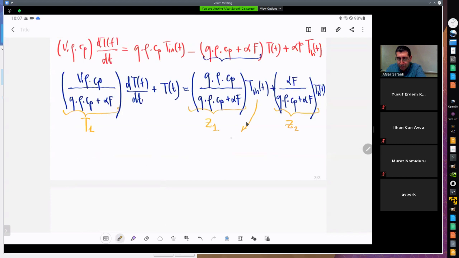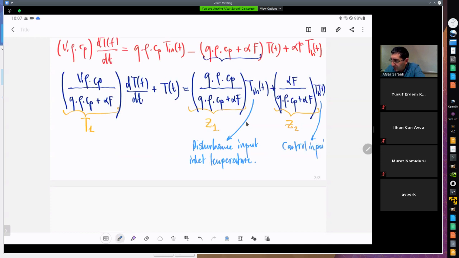So this input, we basically call the disturbance input, the inlet temperature, and this actually is the control input, the heater temperature, right?